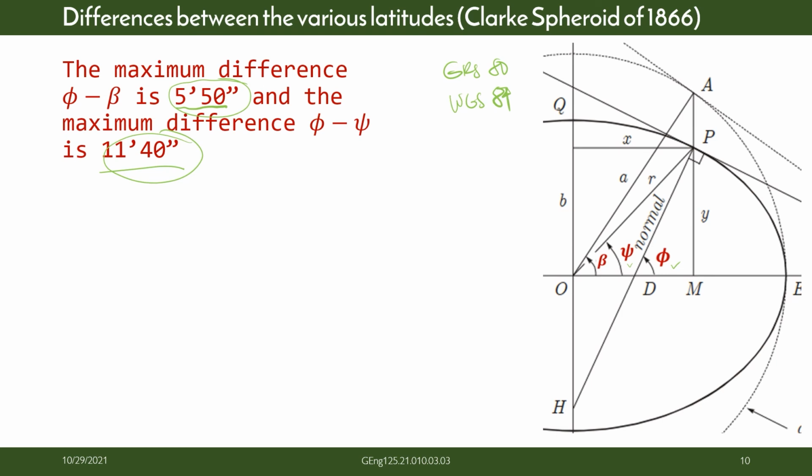But there are certain points where it will attain only this maximum difference. So try to analyze, for example, what is the difference between these angles if your geocentric angle is 30 degrees, what if 60 degrees?